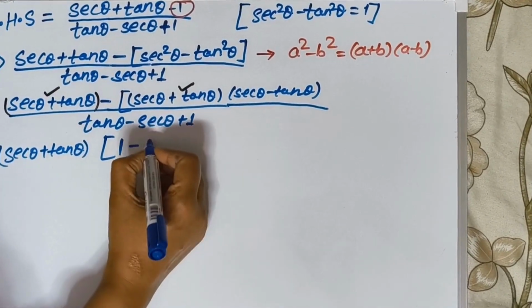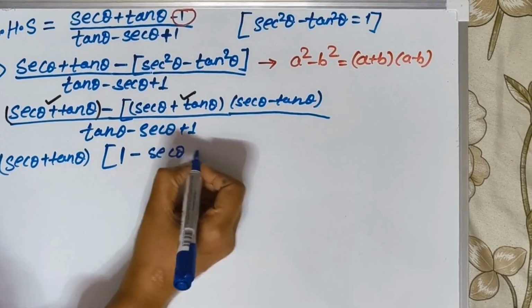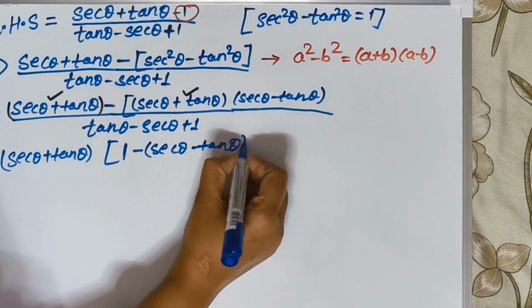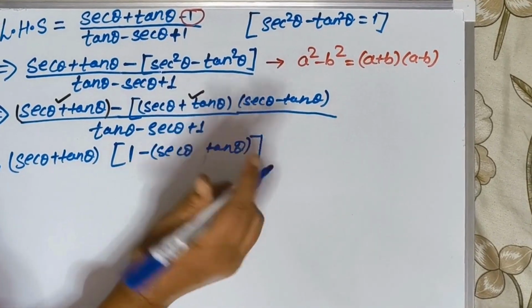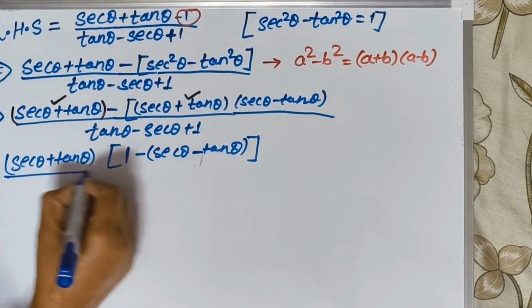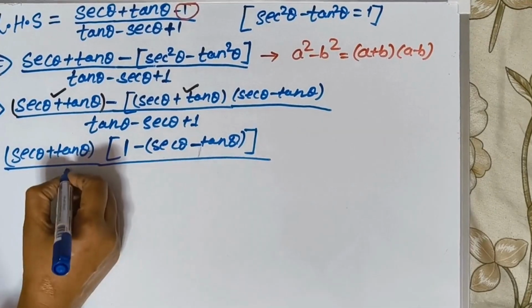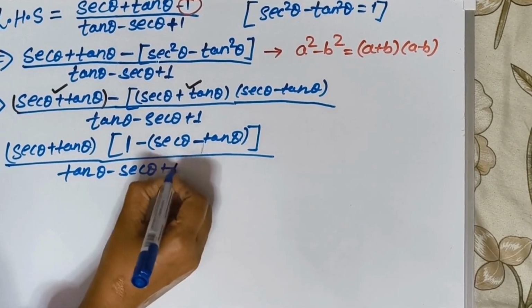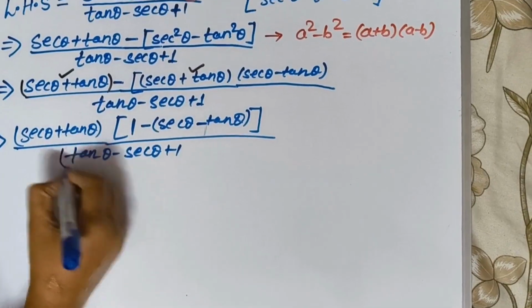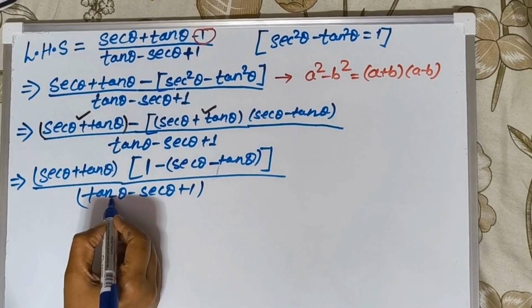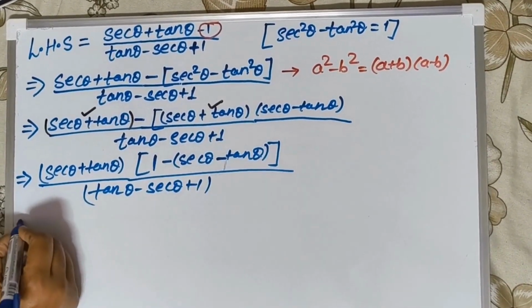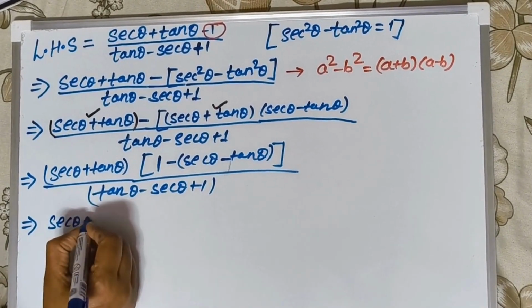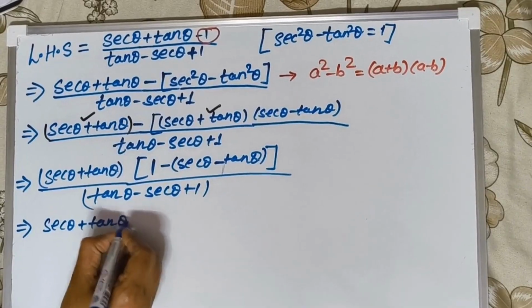So 1 minus sec theta minus tan theta, by tan theta minus sec theta plus 1. Now if you observe this term, we will simplify one more time, then the two terms will be the same, sec theta plus tan theta.